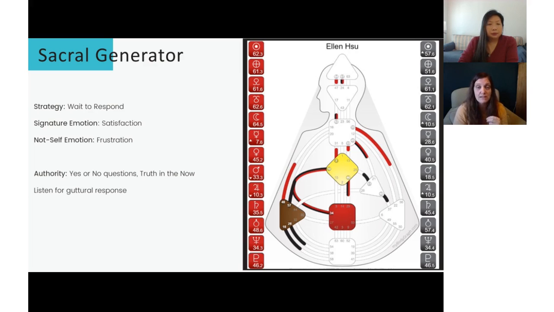When you're living in alignment with your design, you are naturally and effortlessly going to attract the right opportunities, people, circumstances, and situations that will help you find the correct path. So your mind doesn't need to figure it out or plan it out or strategize or come up with the next thing for you to go after.